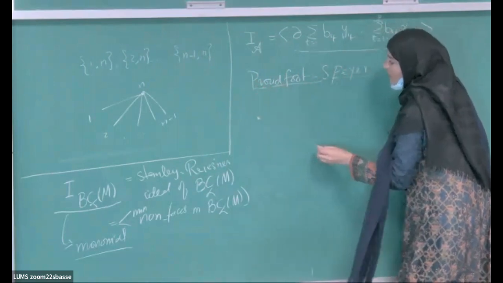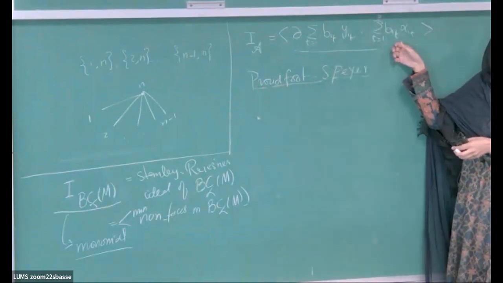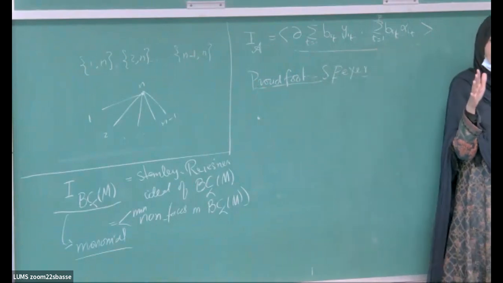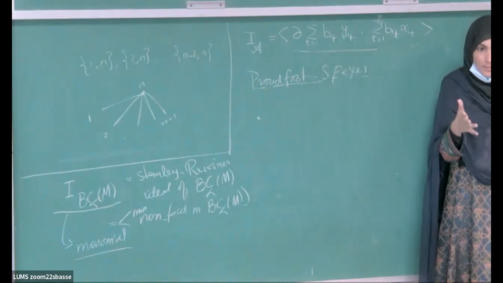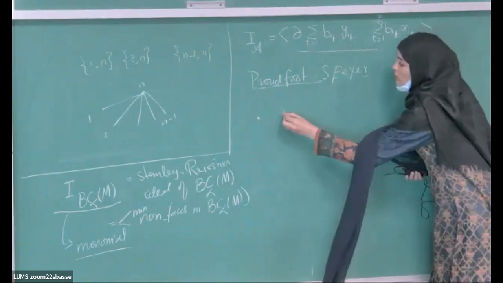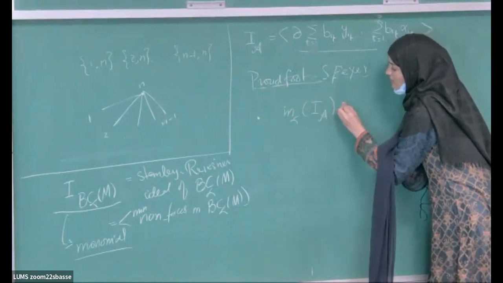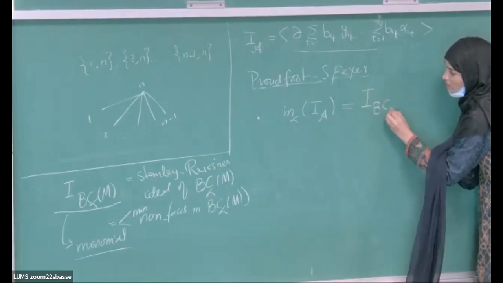But you know that for every ideal there is an associated monomial ideal, which comes from the Gröbner basis. Generally we take the initial ideal of this ideal, which is actually nothing but the Stanley-Reisner ideal of this broken circuit complex.